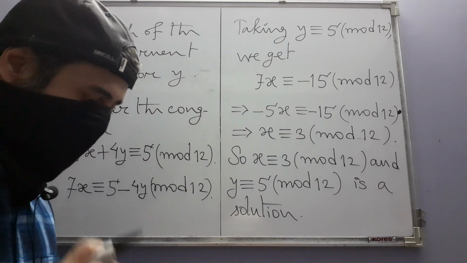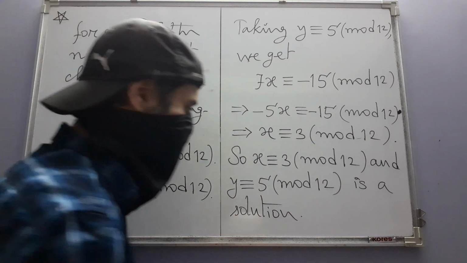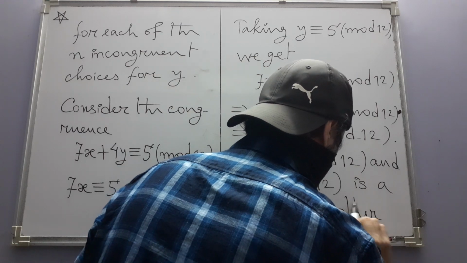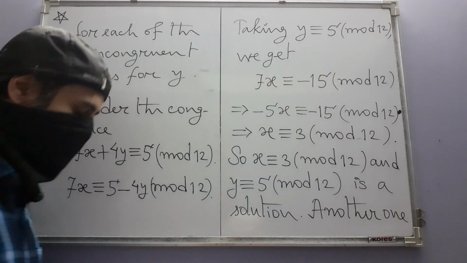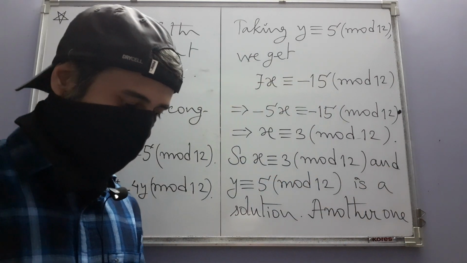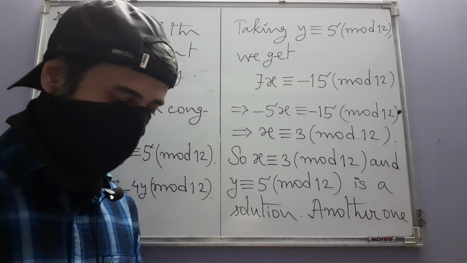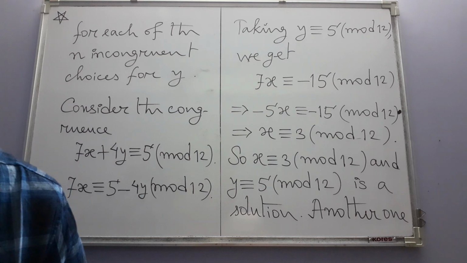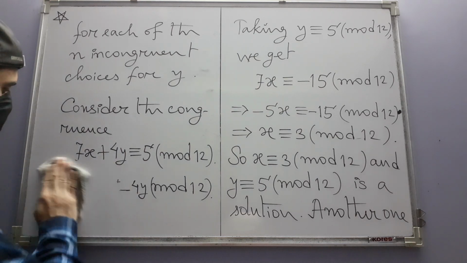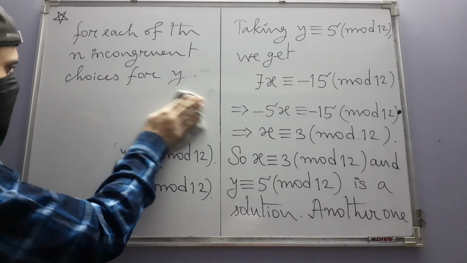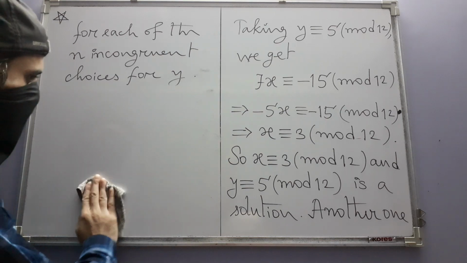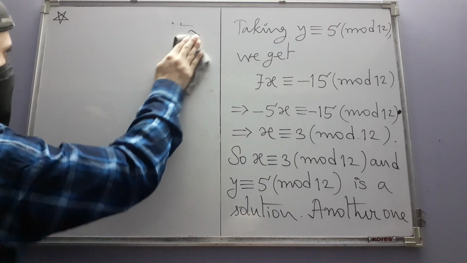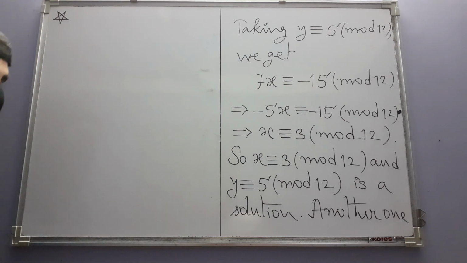In fact, another solution has been mentioned in the text, which is this: where again x is congruent to 3 mod 12 and y is congruent to 8 mod 12.